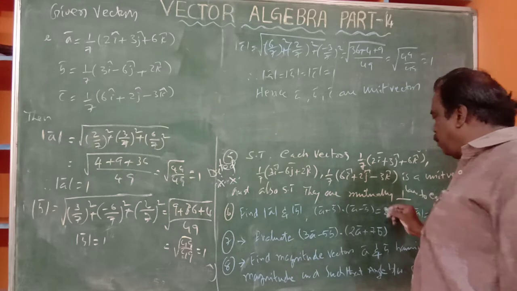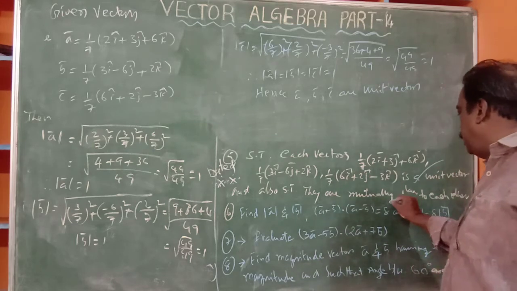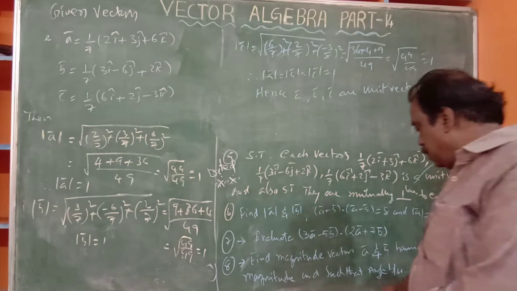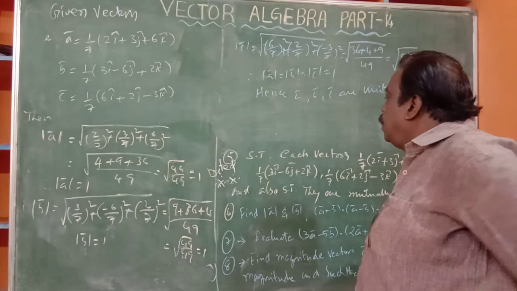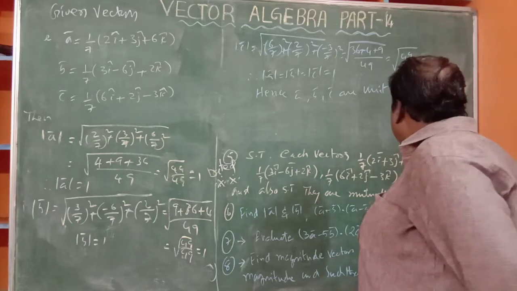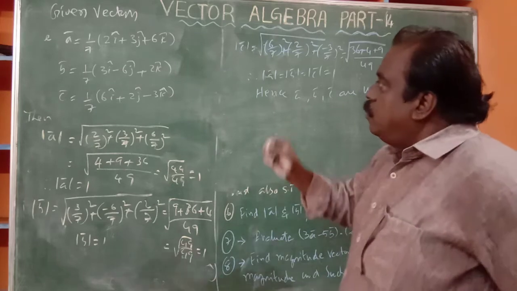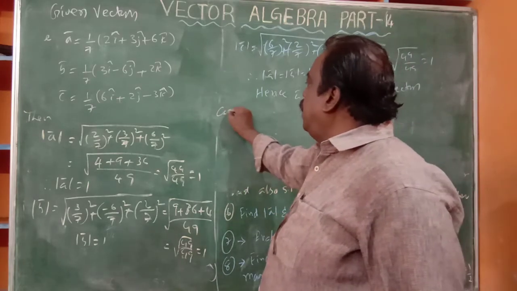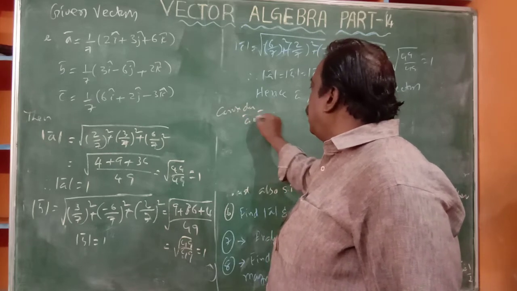First question is over. And also we have to show they are mutually perpendicular to each other. So first we consider a bar dot b bar.